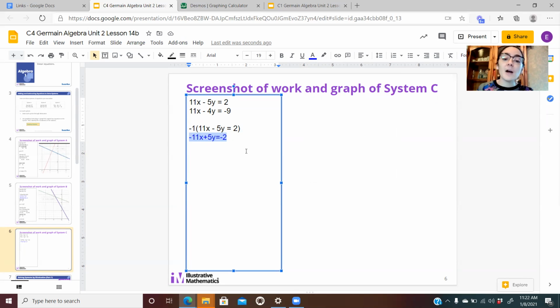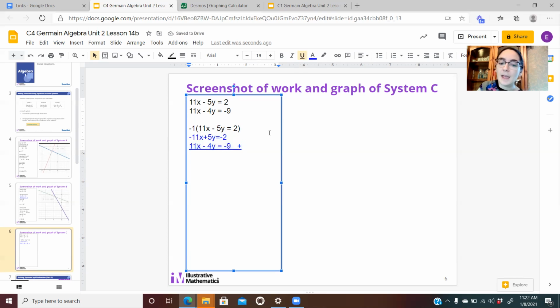Okay, so now if I take this second equation here, I'm going to add these 2 equations together. So I'm doing the elimination. I'm going to paste it in, change it to blue just so that it's all together, and add the 2 equations together.